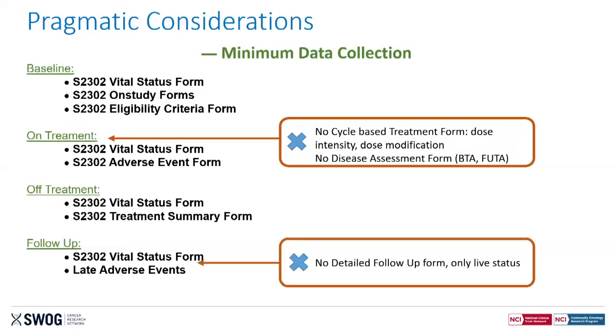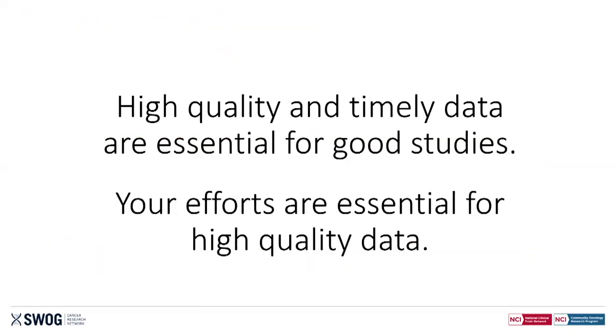And, of course, notice of death. So high quality, timely data are essential for good studies, and really a team effort is needed to get high quality data. It's just hard to convey, when you're analyzing the data, how important all of these things are to the conclusions.